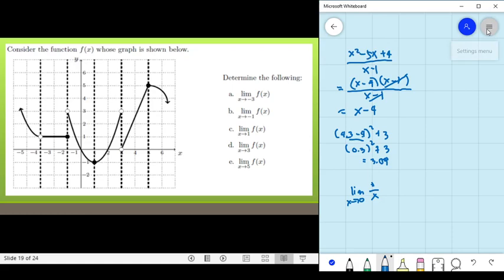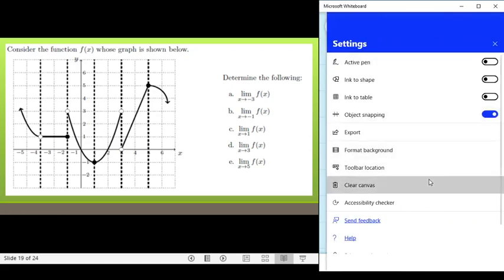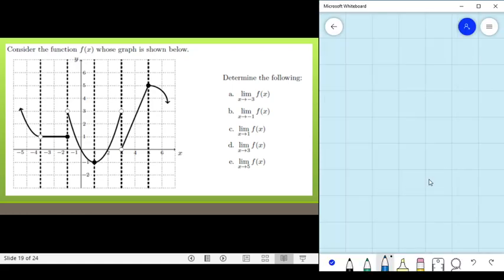So, the limit from the right of negative 3, the limit of f of x as x approaches negative 3 from the right. How many values from the right? So, 1. Right? 1 is your y.